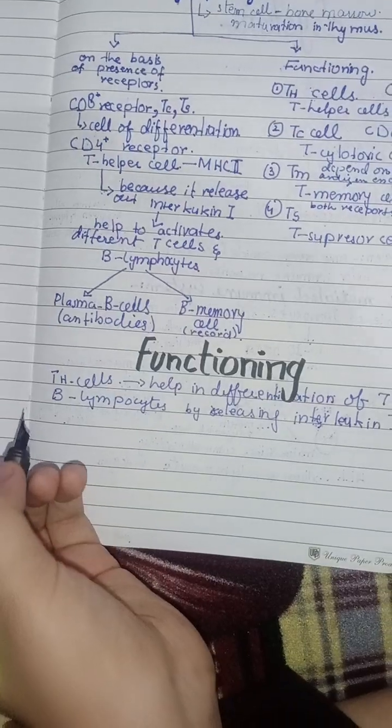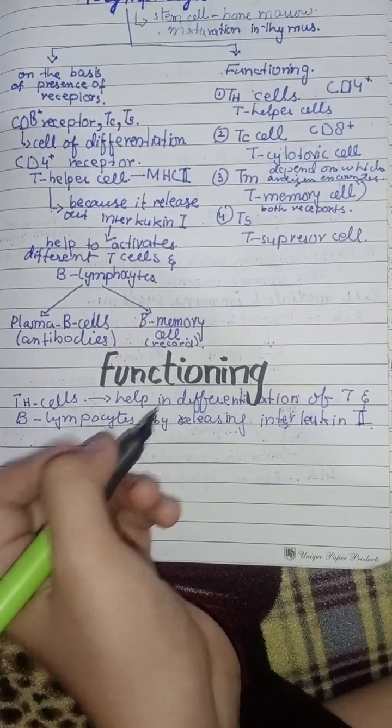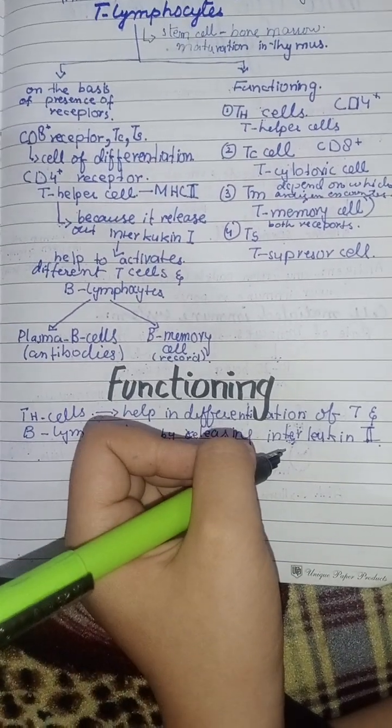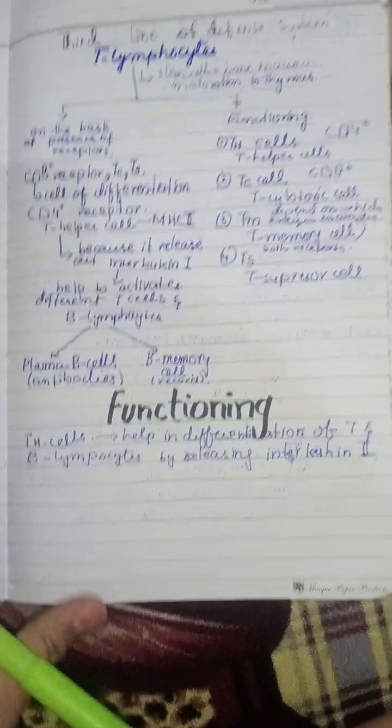Okay, what they will do, they will differentiate the T and B lymphocytes by releasing a special type of chemical that is interleukin 2.